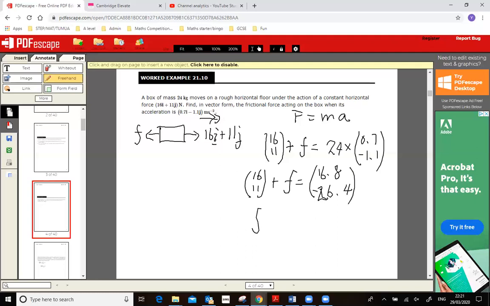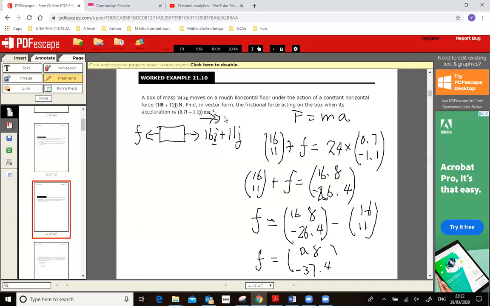So that means f will equal 16.8 minus 26.4, take away 16, 11. So our frictional force will now end up to be 0.8 and minus 37.4.